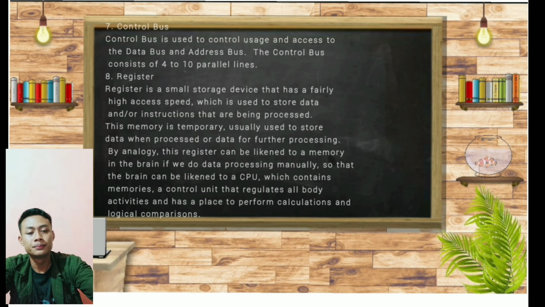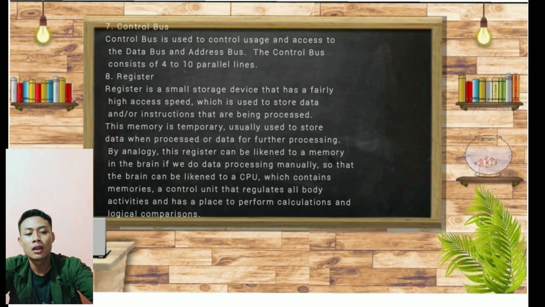8. Register. A register is a small storage device with fairly high speed, which is used to store data and instructions that are being processed. This memory is temporary, usually used to store data when processed, or data for further processing.